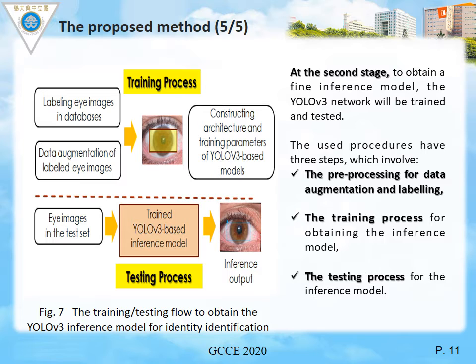The procedure has 3 steps: the first step is the preprocessing for data augmentation and labeling, the second step is the training process for obtaining the inference model, and the third step is the testing process to verify the function of the inference model.